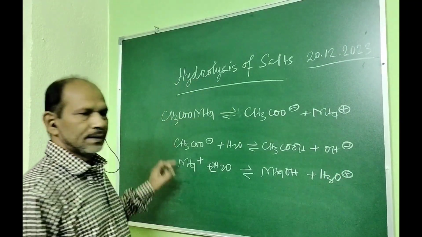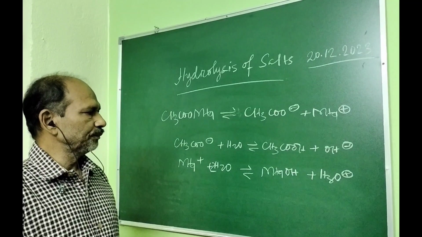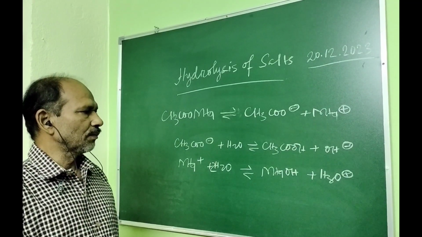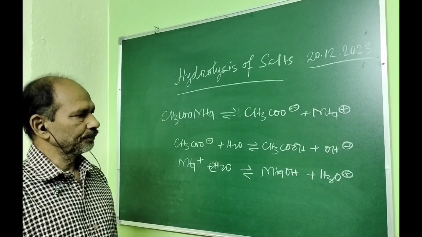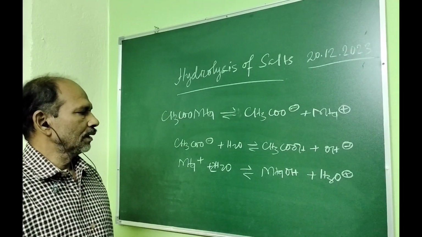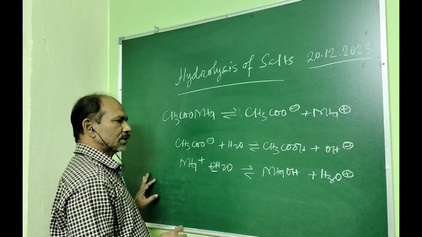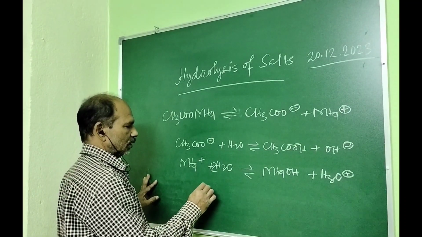As the reactivity is almost the same, the H3O plus and OH minus ions are almost the same in number. Therefore, the solution becomes almost neutral.